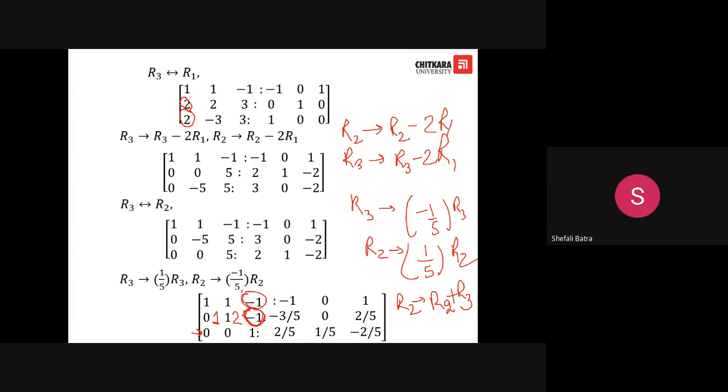Now for this A13, again for making this 0, you can take the help of R1. So you will write R1 implies R1 plus R3.